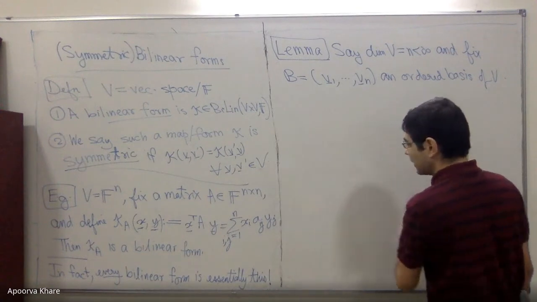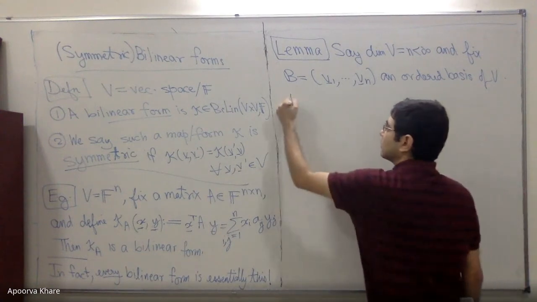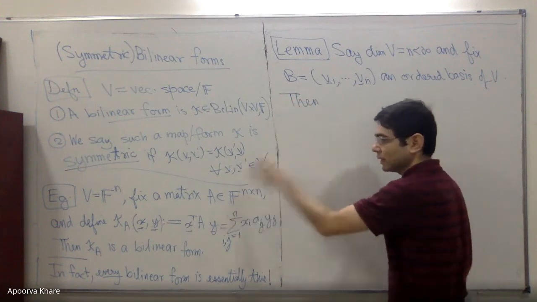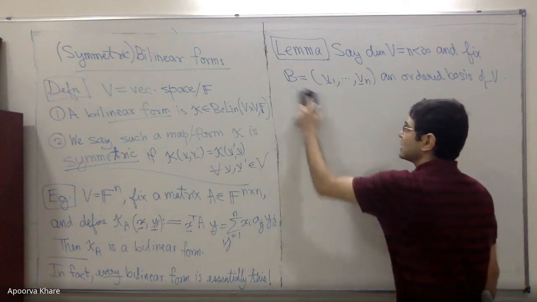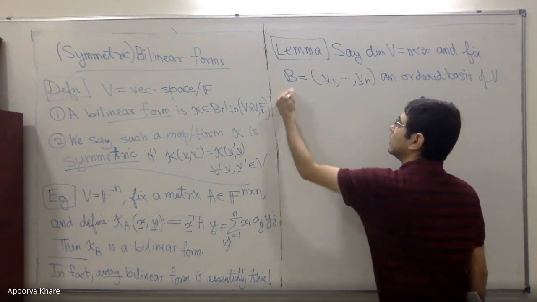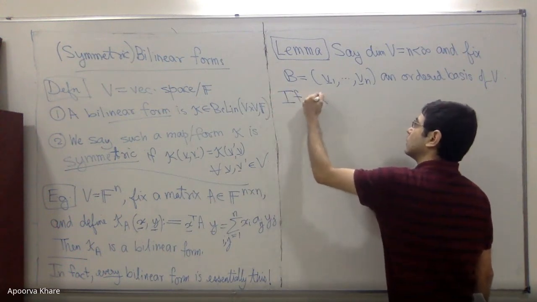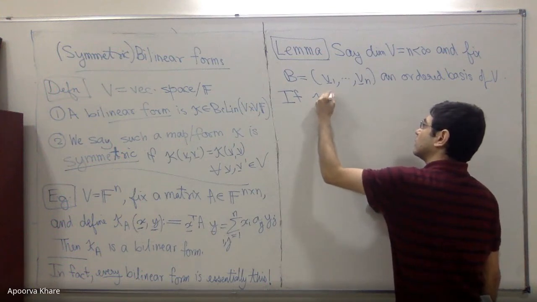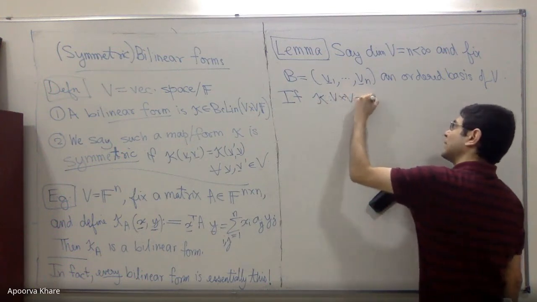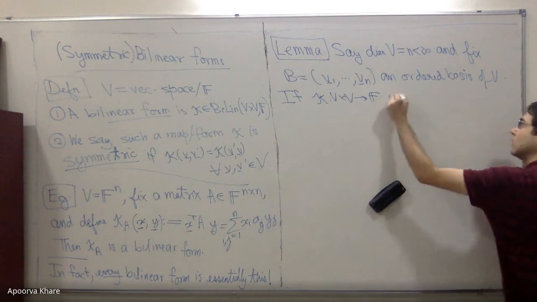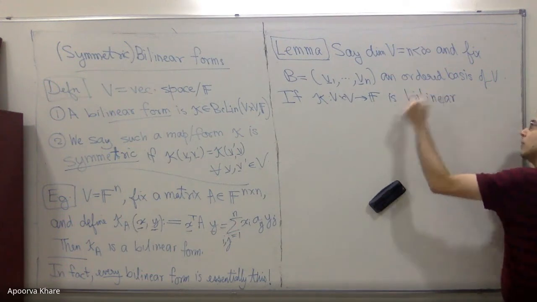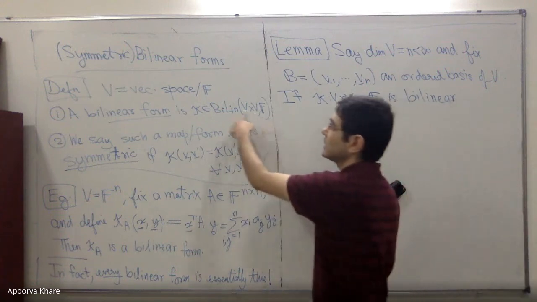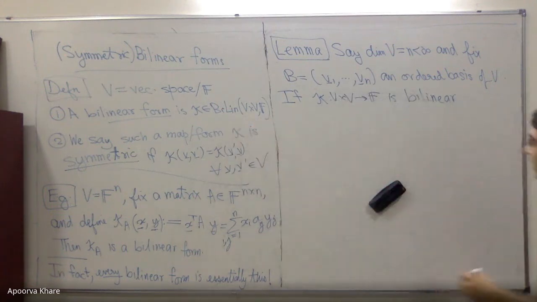Then for every kappa, there exists a unique matrix. So again, not only are these all of them, they are uniquely such. So if kappa: V cross V to F is a bilinear form, meaning bilinear is the same as saying it is a bilinear form, right?